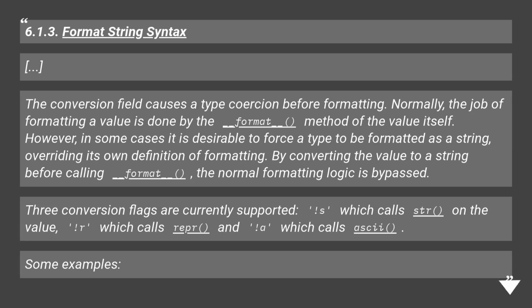However, in some cases it is desirable to force a type to be formatted as a string, overriding its own definition of formatting. By converting the value to a string before calling __format__, the normal formatting logic is bypassed. Three conversion flags are currently supported: !s which calls str on the value, !r which calls repr, and !a which calls ascii. Some examples.